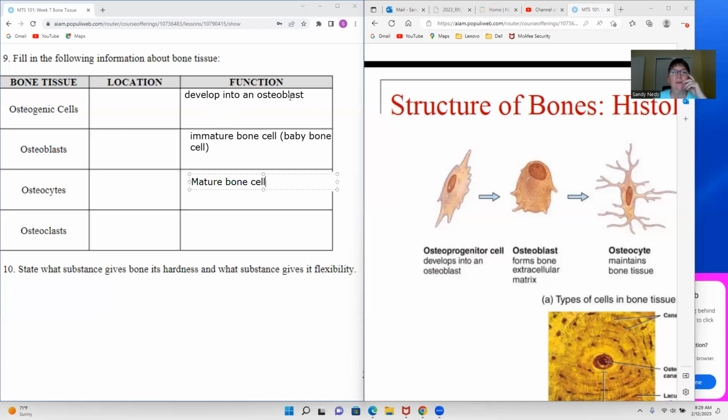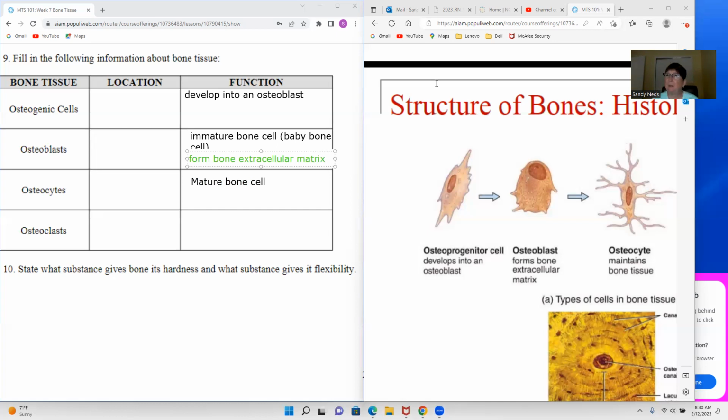So now let's see what the functions are. Osteogenic cells, we know that it develops into osteoblasts. We know that osteoblasts form bones' extracellular matrix.